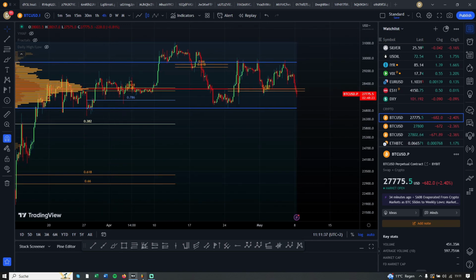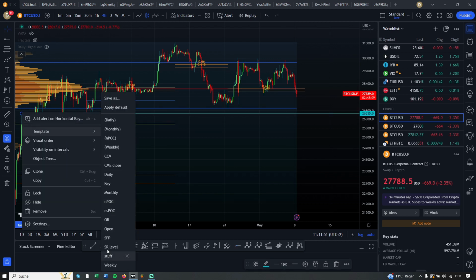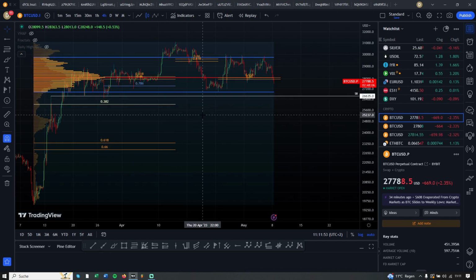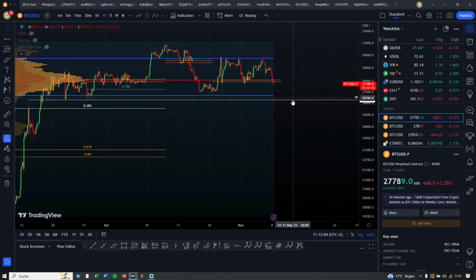Yeah, I would say it's important. Then we could also take this wick here as an SR level. In the past it was resistance, then it was reclaimed as support, we bounced. This is still support now.